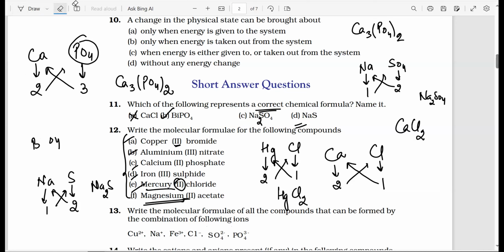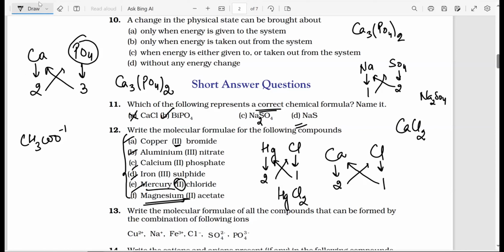Magnesium is Mg. Yes. And acetate is not AC; acetate is CH3COO -1. This is the acetate ion. Okay. Yes. So this is the acetate ion.